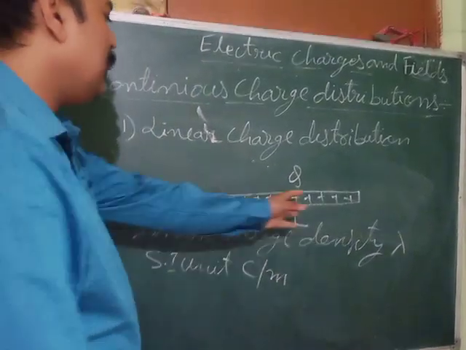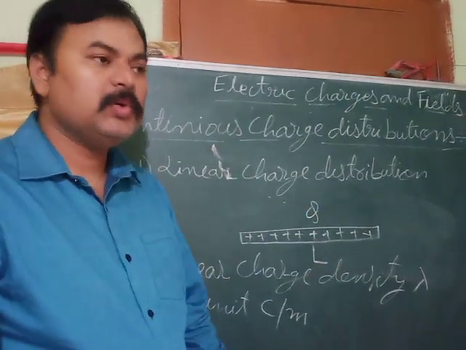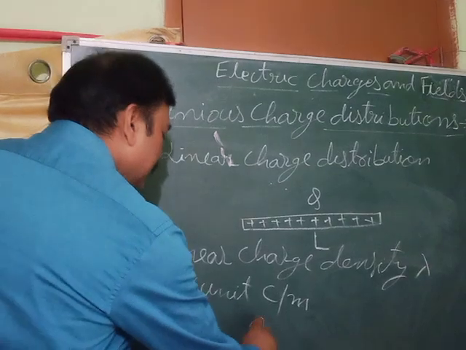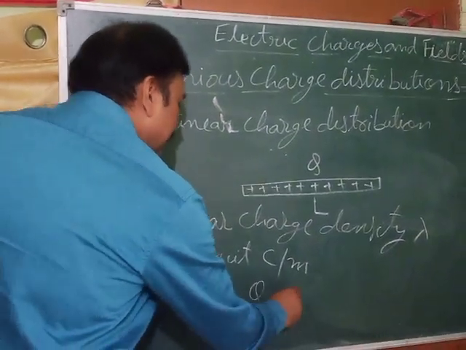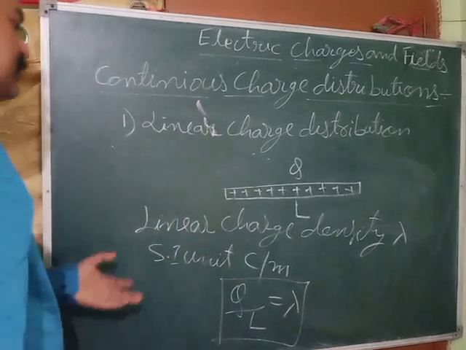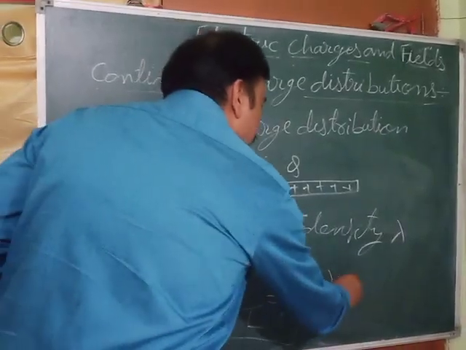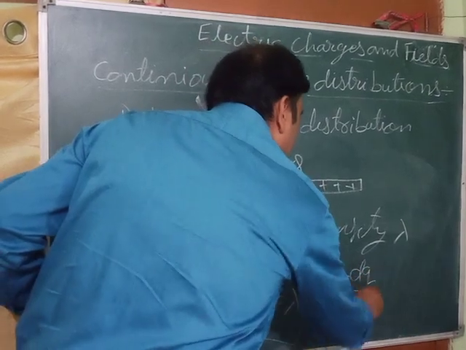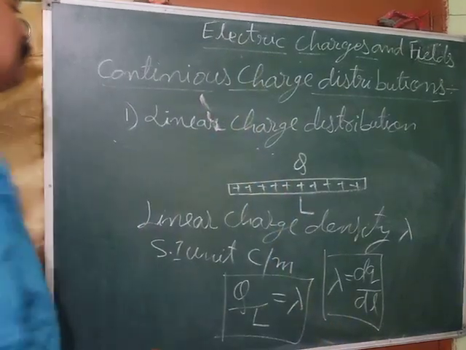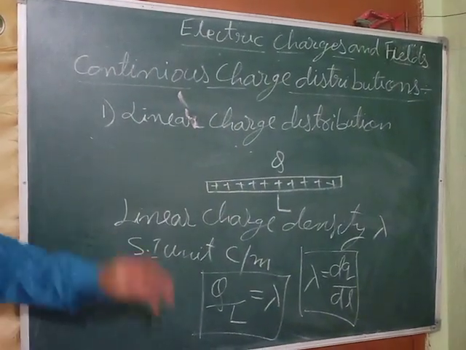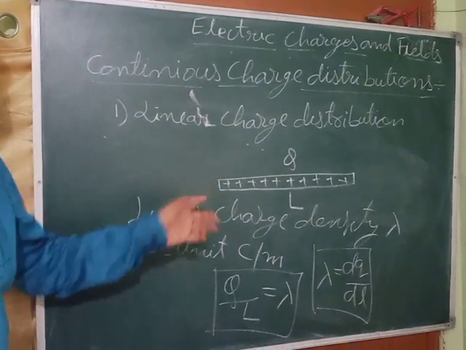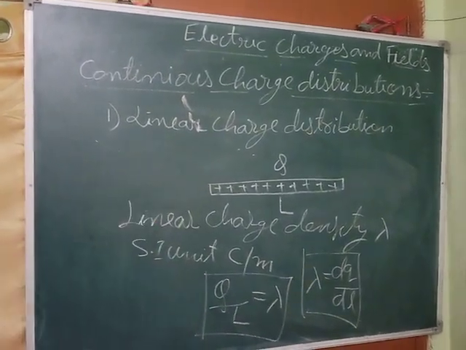On length L how much charge is present? Q. So on unit length how much charge will be present? Obviously it will be Q upon L, and that is equal to lambda. In differential form you can write lambda is equal to dq upon dl. Basically the linear charge density is for a one dimensional body, like a rod whose width is negligible with respect to its length.